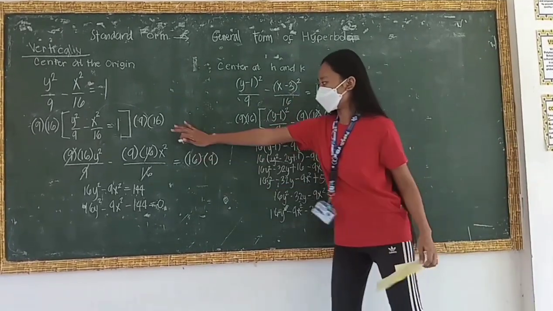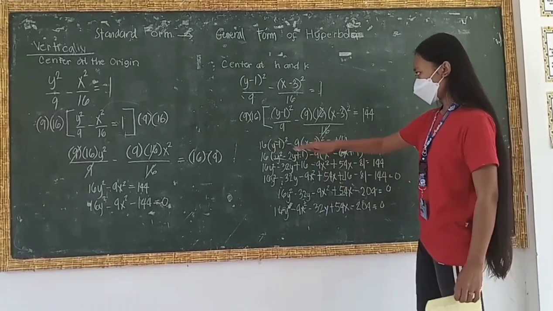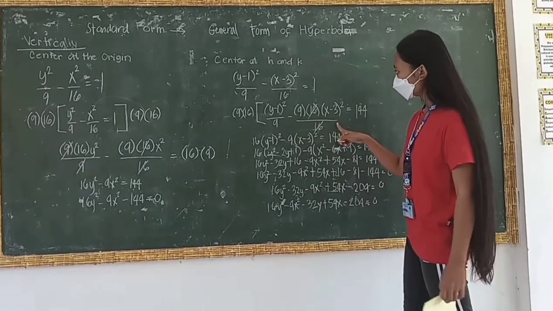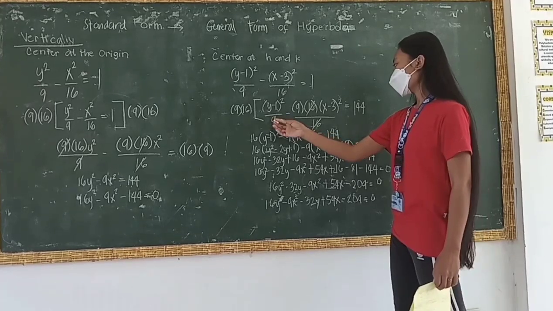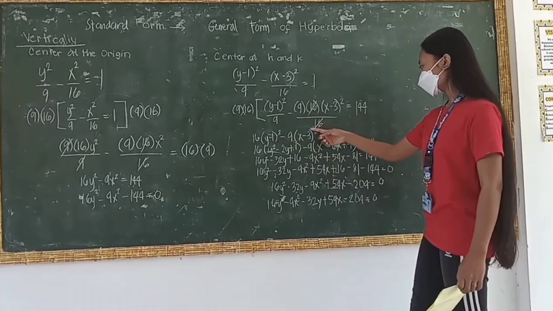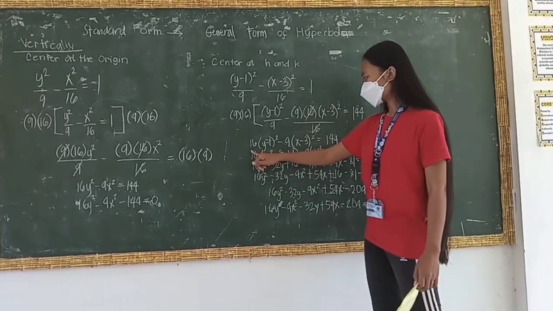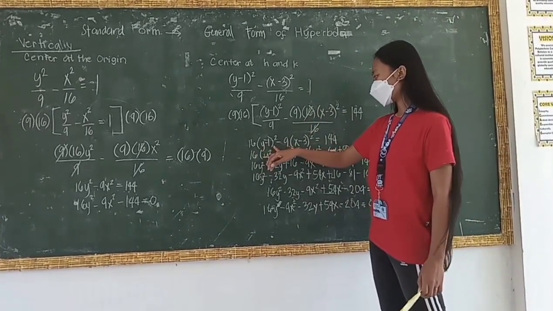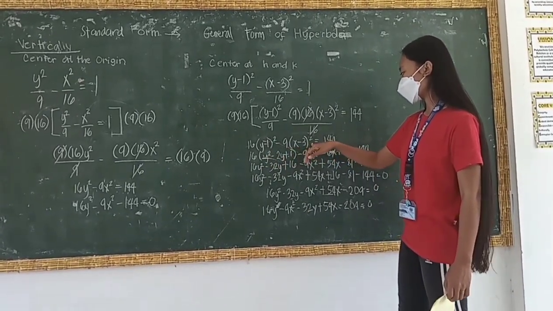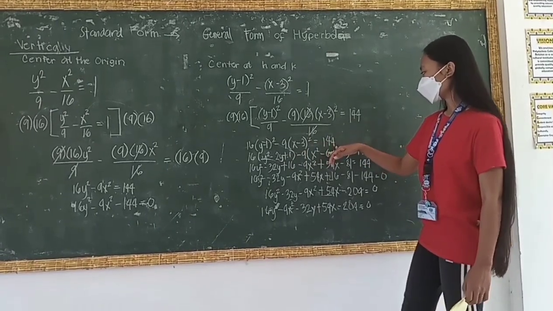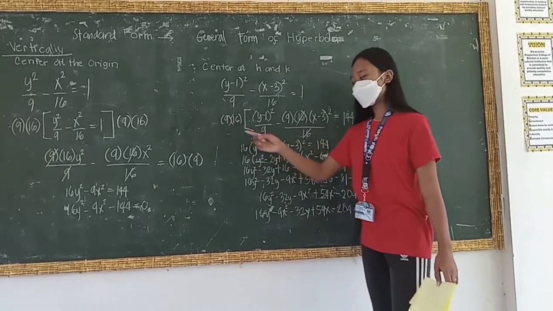So just like here, we will first write the equation, and then we're going to multiply it when we find the LCDs of the two, and then we're going to cancel it, and it will become 16 times (y minus 1) squared minus 9 times the quantity (x minus 3) squared is equal to 144. So again, 144 because it is 9 times 16.